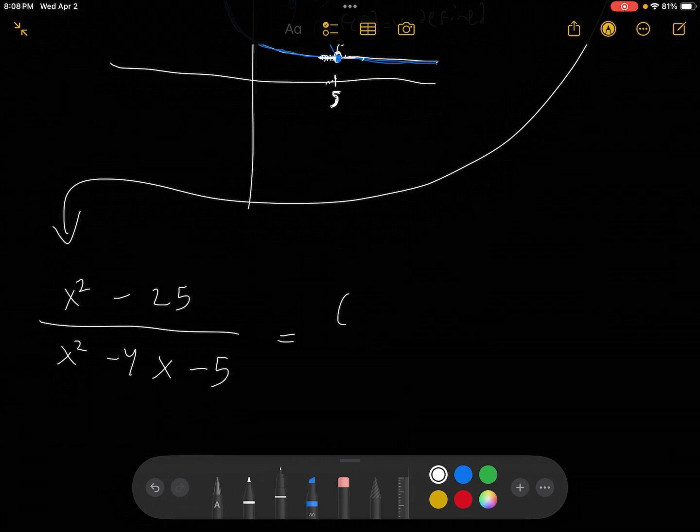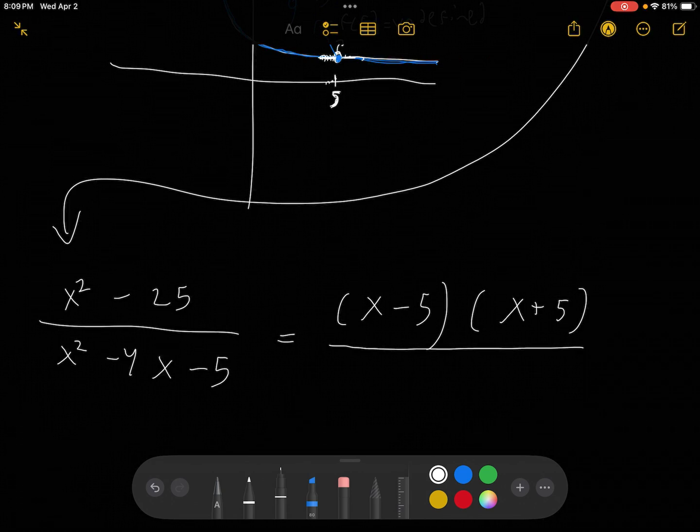So what I notice is that both the numerator and the denominator of this function can be factored pretty easily. The top is going to factor like this, and then the bottom is going to factor into x plus 1 and x minus 5.